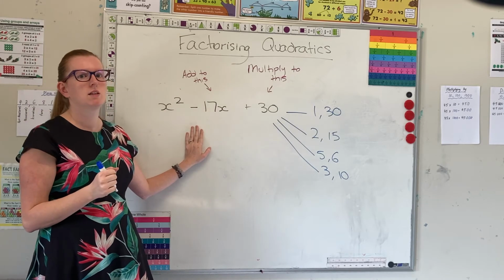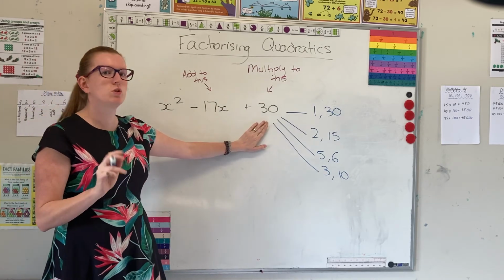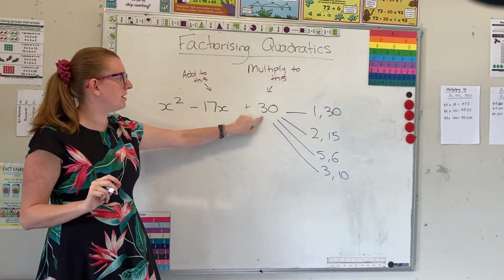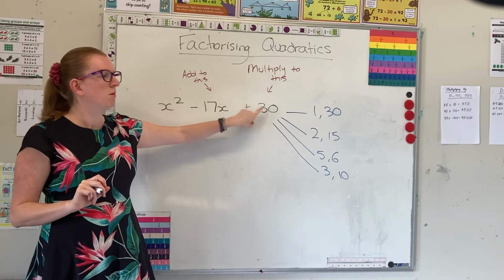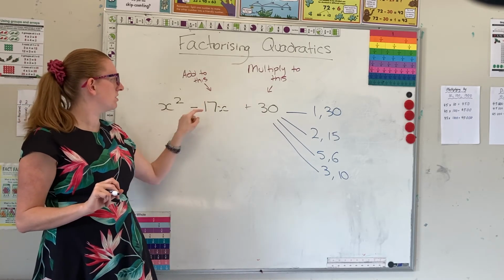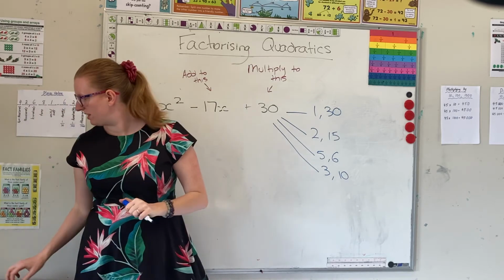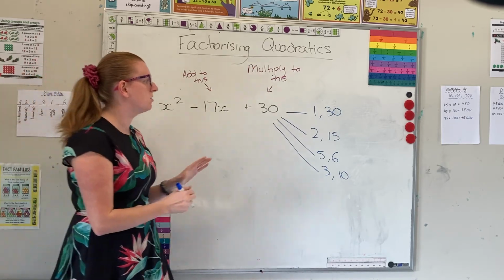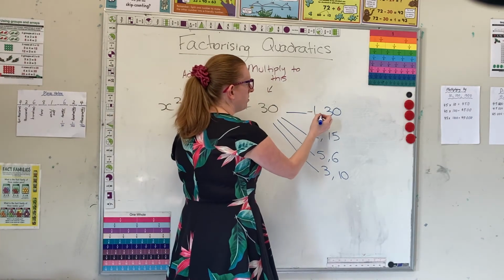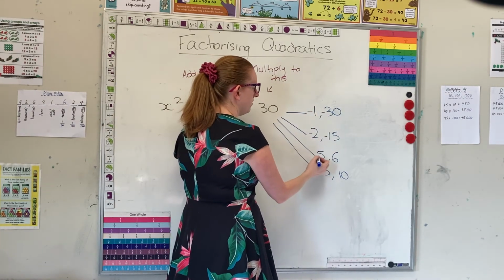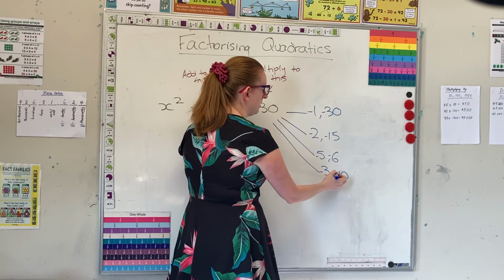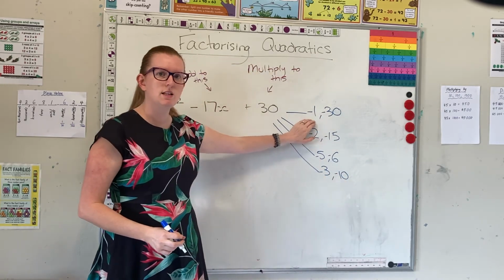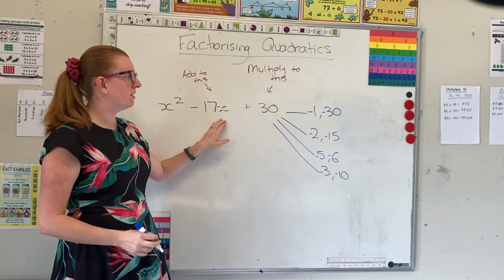So that means that I must have 2 negatives that cancel each other out to get me a positive number here. But I've got 2 negatives, which is why I've got a minus 17. So I need a set of numbers where both of them are negative, because 2 negatives cancel out, but I still get a negative here.